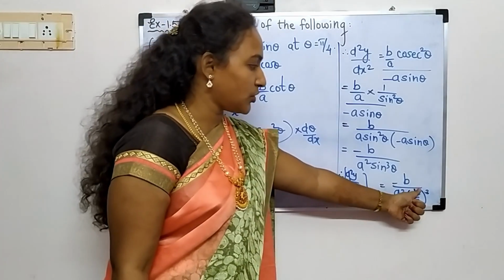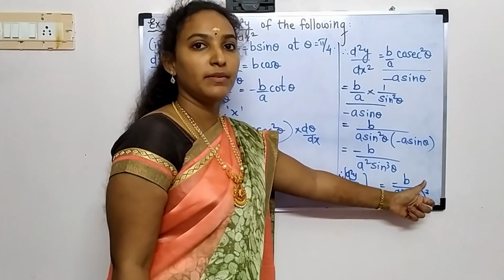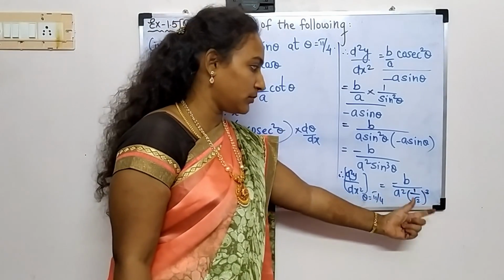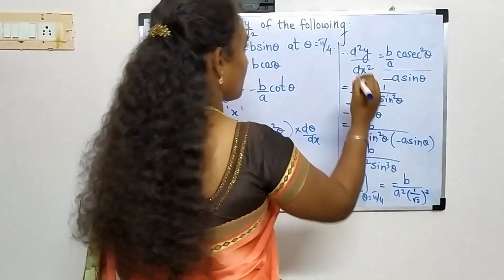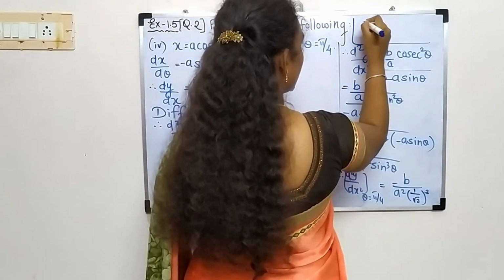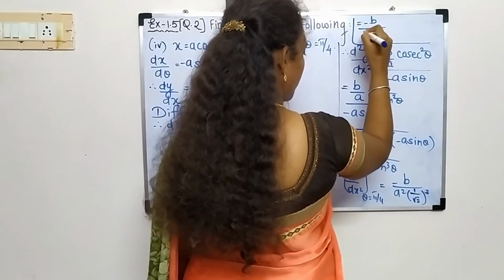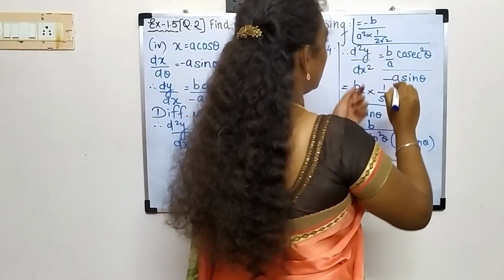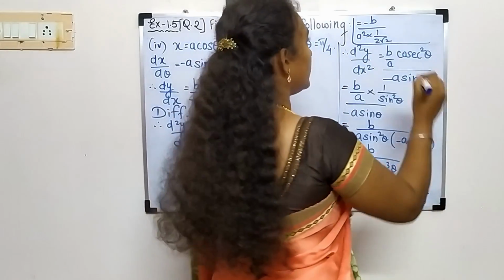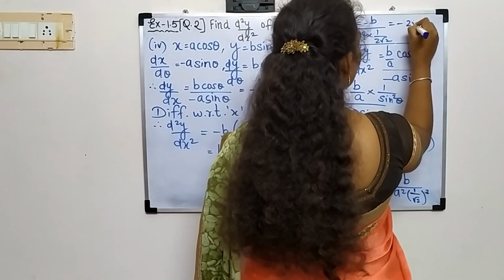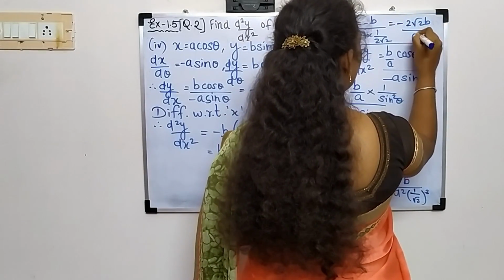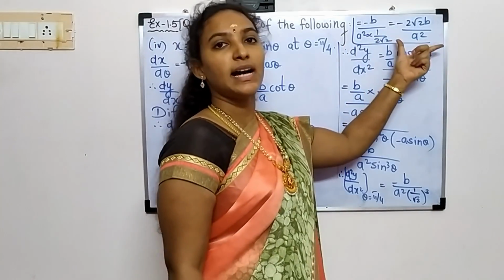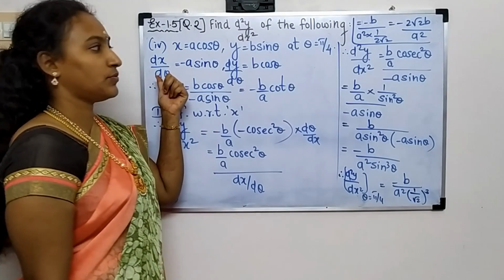Okay. So 1 upon root 2 cube will be 1 upon 2 root 2. This is minus b upon a square into 1 upon 2 root 2. This 2 root 2 can be taken to the numerator. So this is minus 2 root 2 b upon a square. So this is the answer for question number 4.